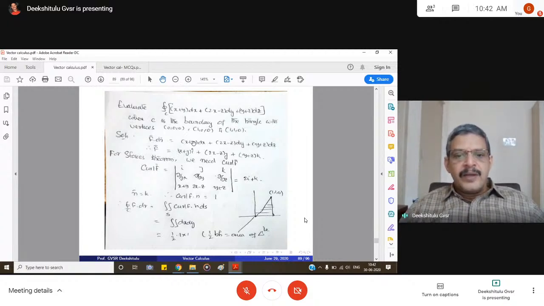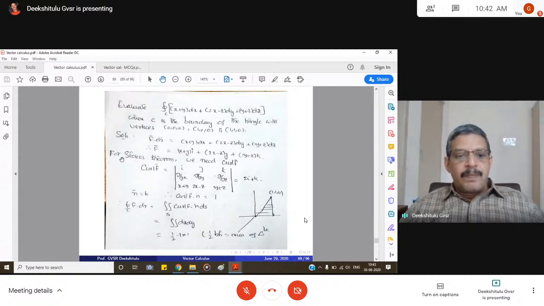The j component of F becomes 2x minus z, and the component along the z axis is (y plus z) k. So F is (x plus y) i, (2x minus z) j plus (y plus z) k.